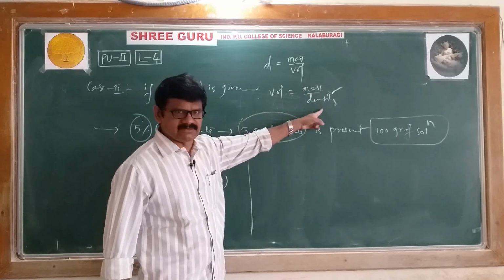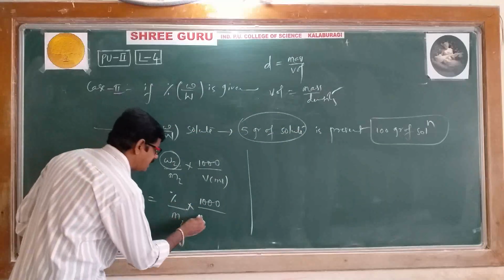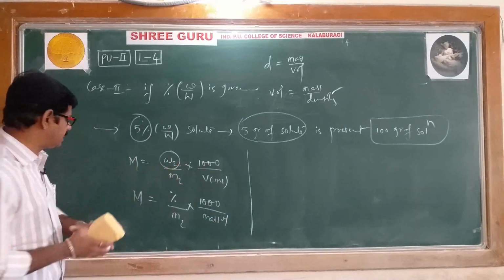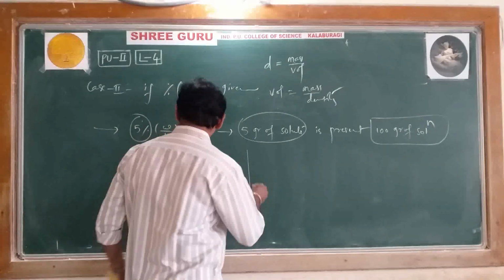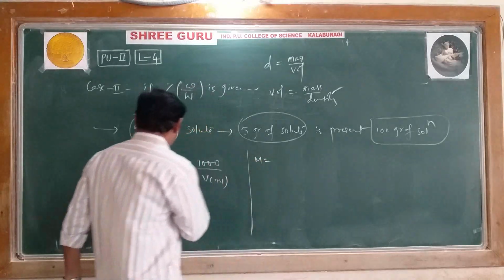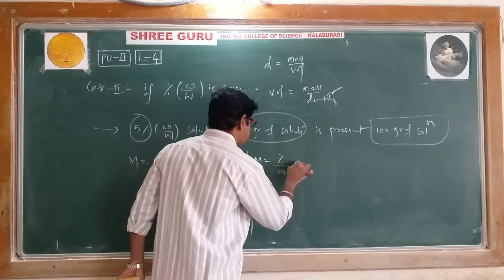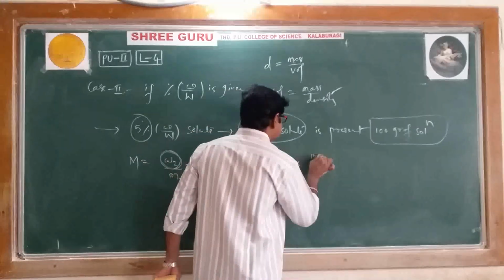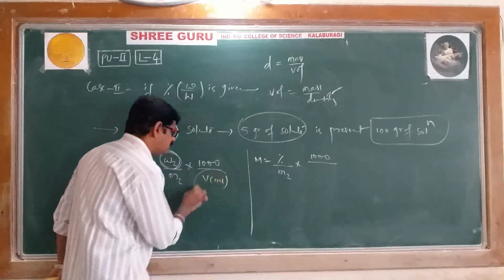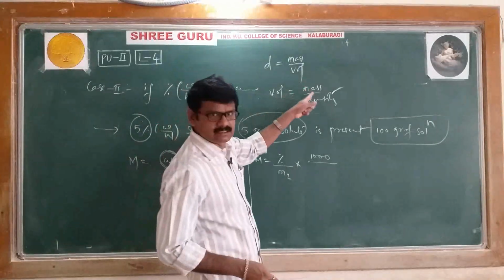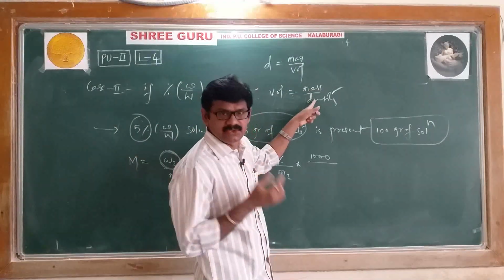Please try to follow here. Molarity equals percentage divided by molar mass into 1000 divided by volume. There is no volume term, so we use mass by density here.